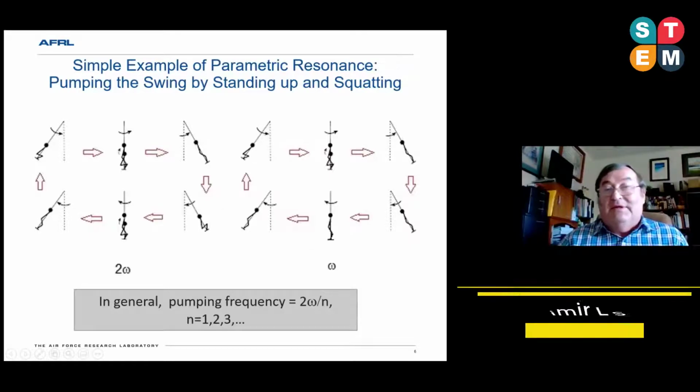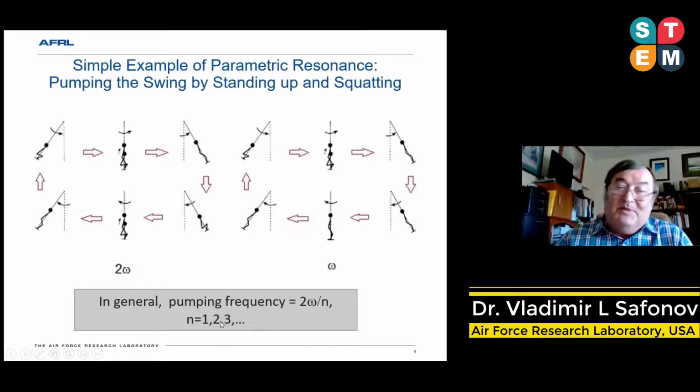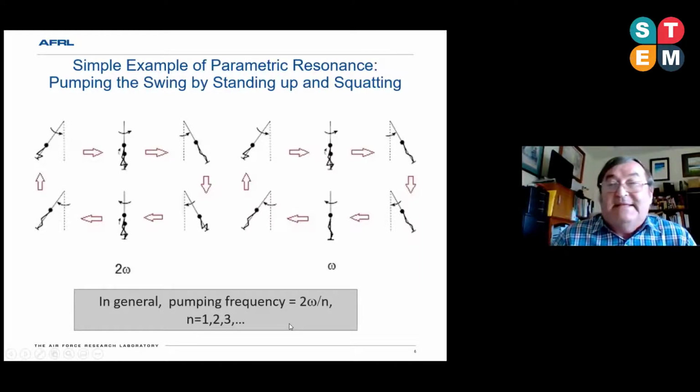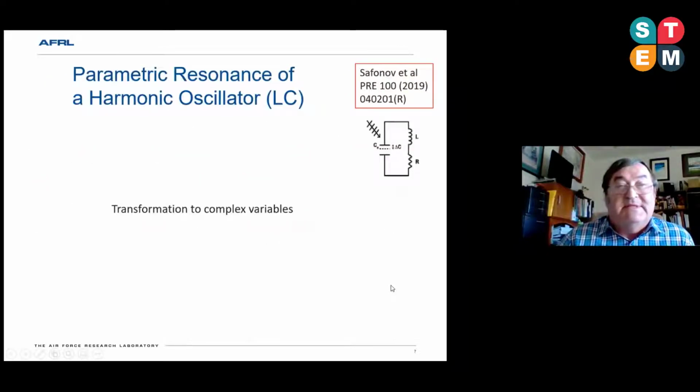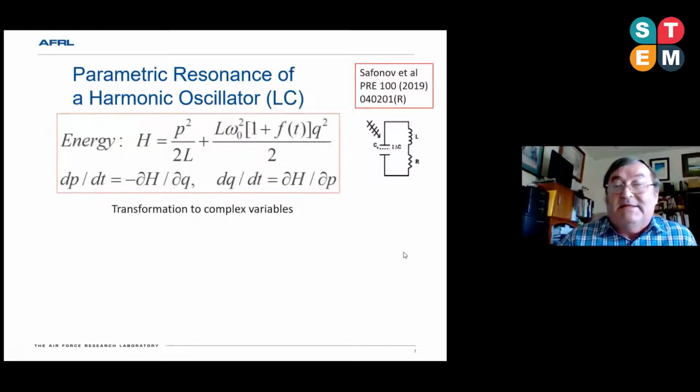And if the kid is lazier, it would be 3, 4, and so forth. What is interesting about this excitation is that using a lower frequency, we can excite a higher frequency in a pretty linear and simple system.